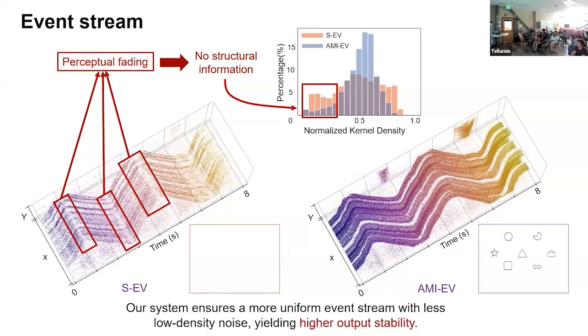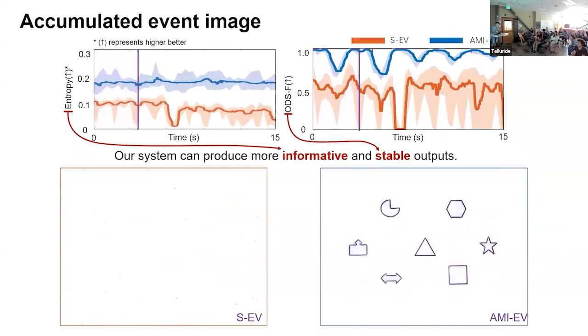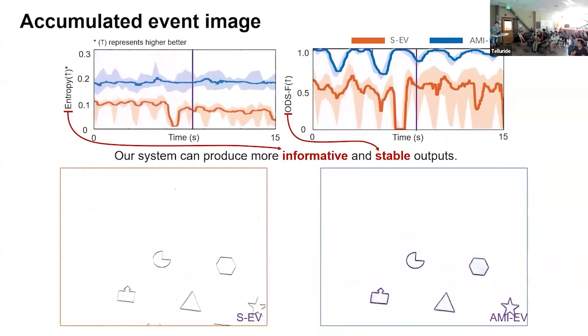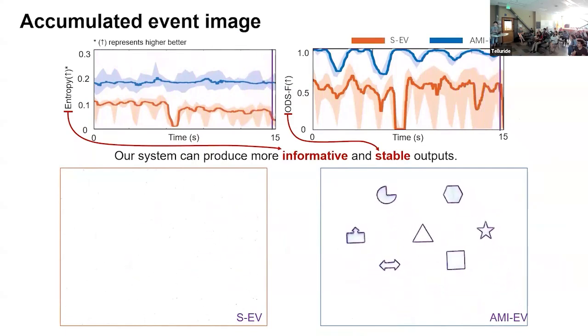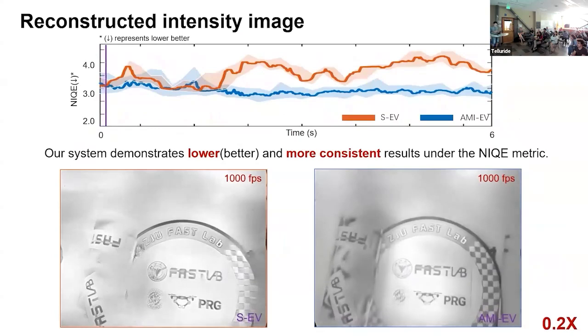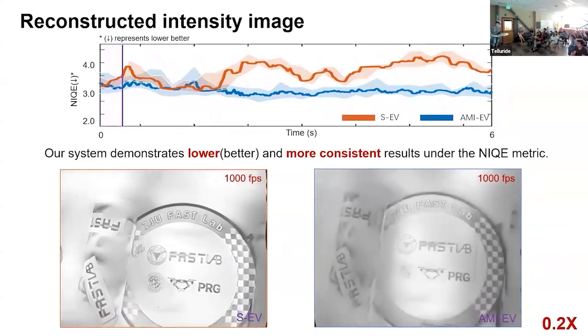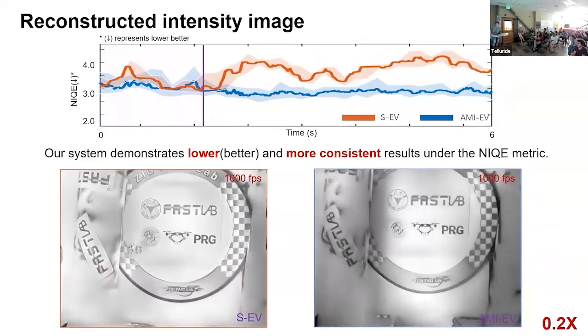And for another representation, the event image, our system is more informative, and it can generate more stable outputs. Also, for grayscale image reconstruction, when the camera is moving, we can achieve similar performance to the standard event camera.